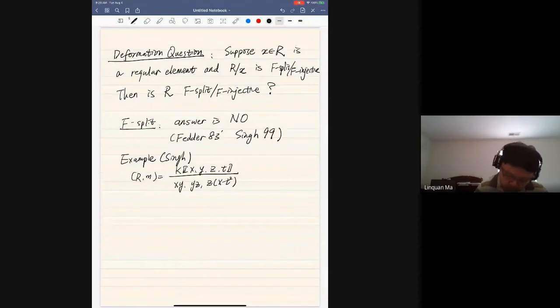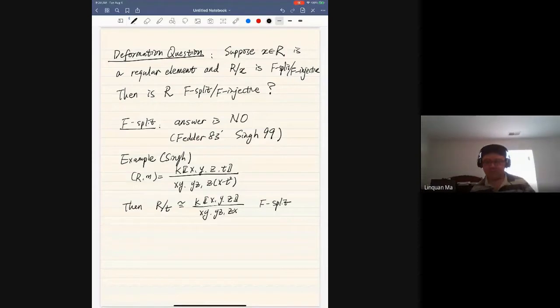If you look at the quotient R mod T, T is a non-zero divisor, you can check this. That's just isomorphic to a Stanley-Reisner ring, K[[X,Y,Z]] modulo XY, YZ, ZX. This is F-split. This is a regular ring mod a square-free monomial ideal, so it's F-pure.